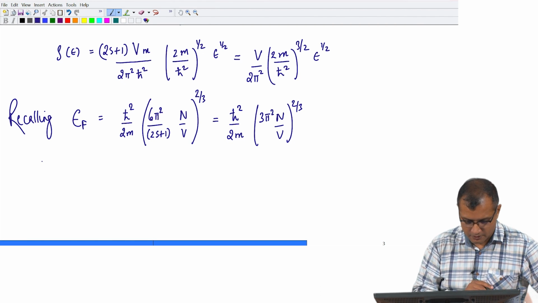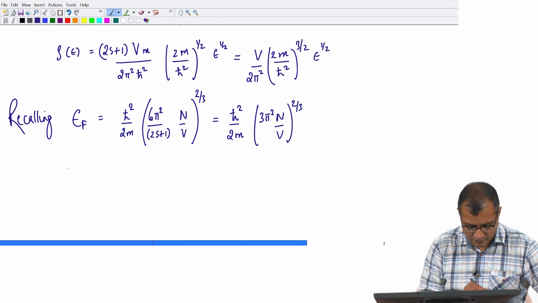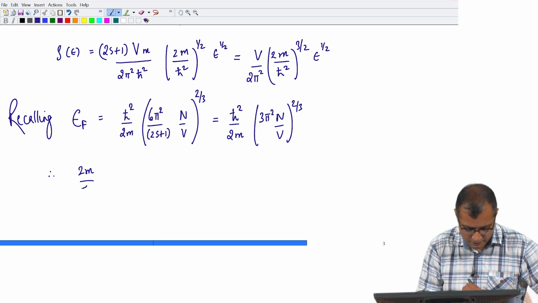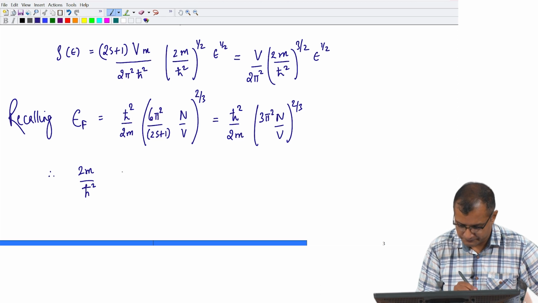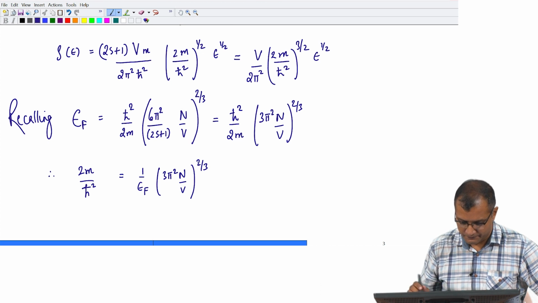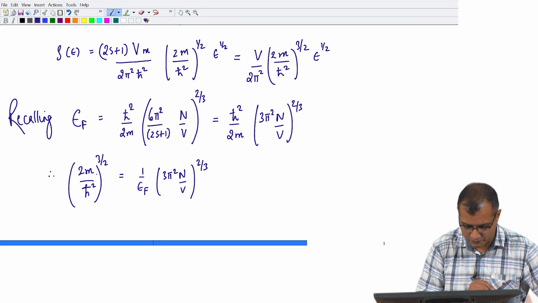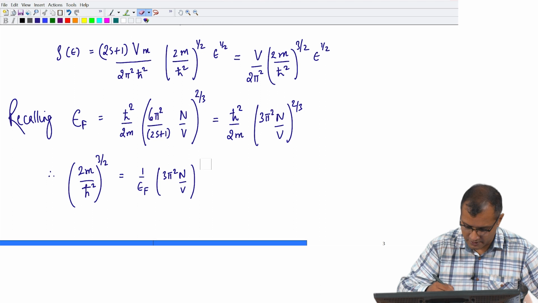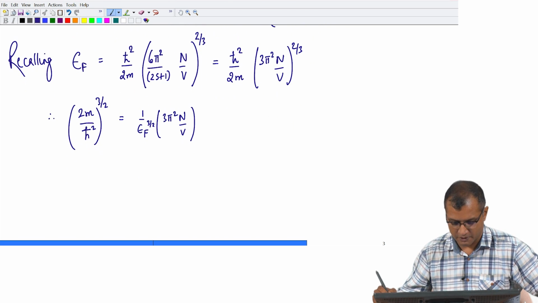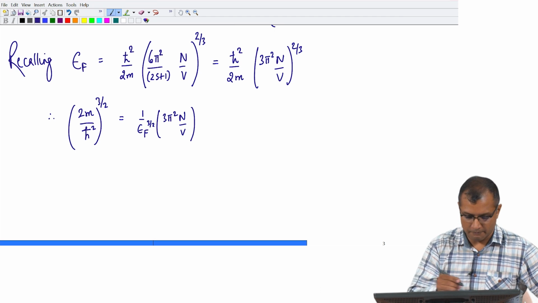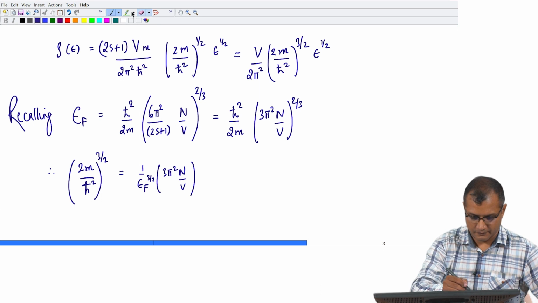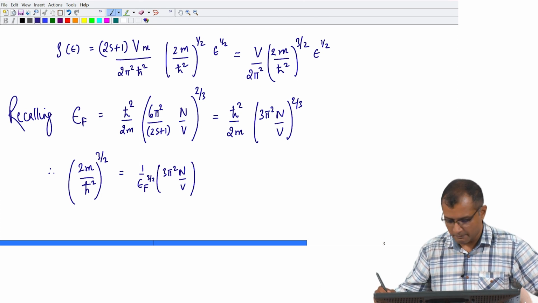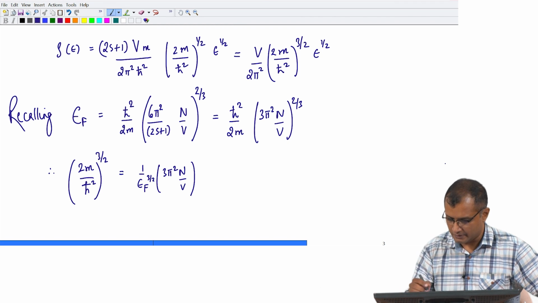From the Fermi energy expression, I can write 2m by h cut square as 1 upon EF into (3 pi square n by V) to the power 2/3, and if I raise this to the power 3 by 2, then this is nothing but 1 upon Fermi energy raised to 3 by 2 into 3 pi square n by V. Now, you can simply plug this value of (2m by h cut square) raised to 3 by 2 here in the density of states.